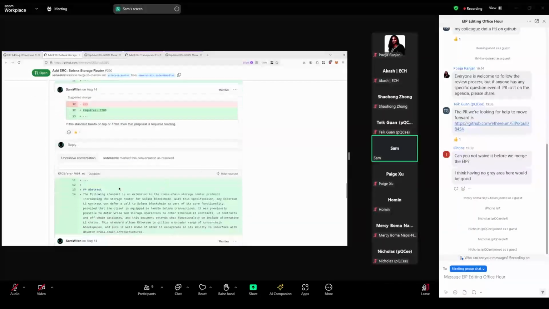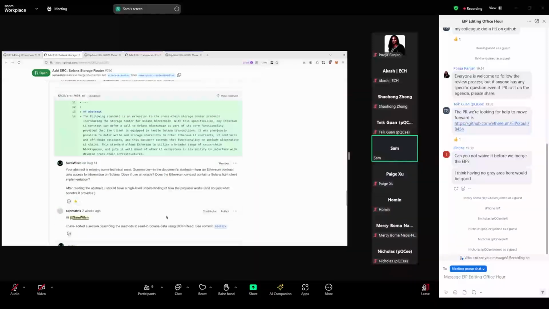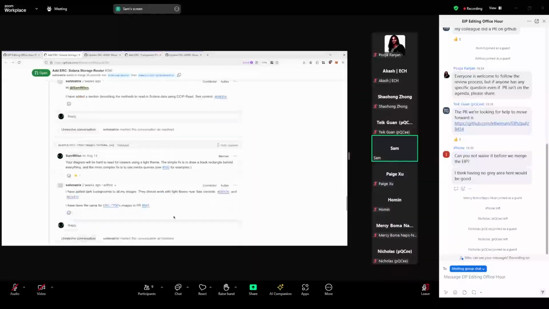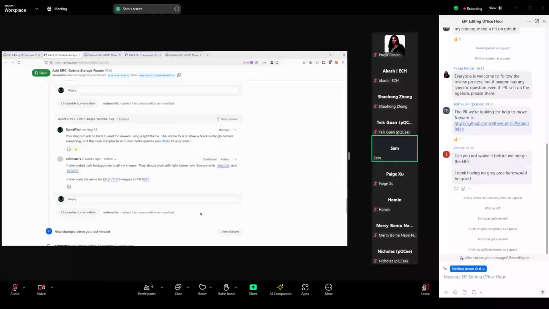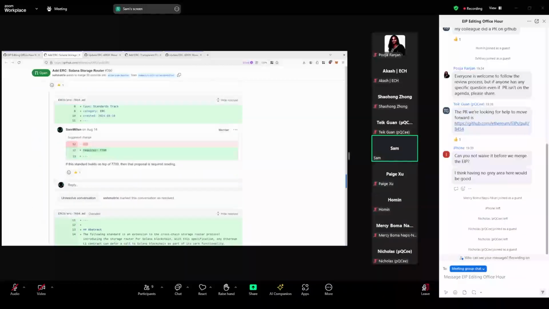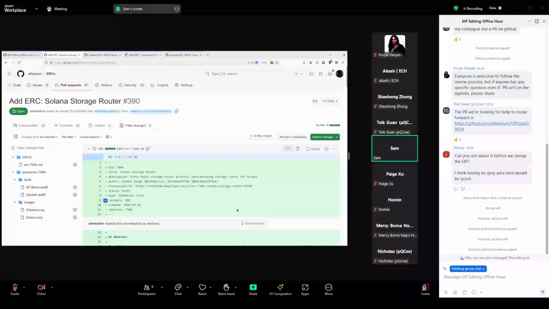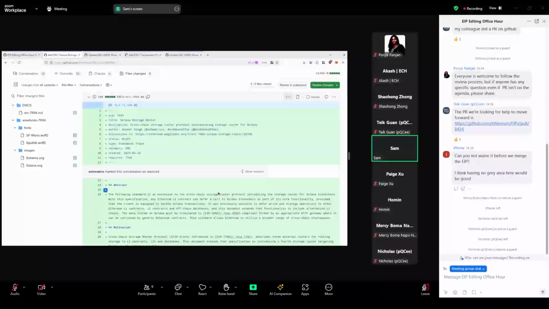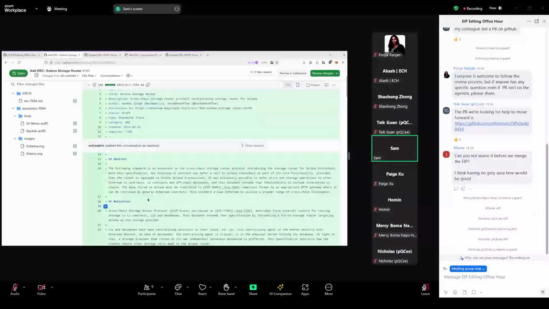Required reading. Okay, cool. Let's give this a read. All right, Solana storage router, cross-chain storage router protocol. Okay, cool, good. Requires 7700. The following is an extension to the cross-chain storage router protocol, introducing the storage router for the Solana blockchain. With this specification, you can defer contracts to the Solana blockchain as part of its core functionality, provided that the client is equipped to handle Solana transactions.